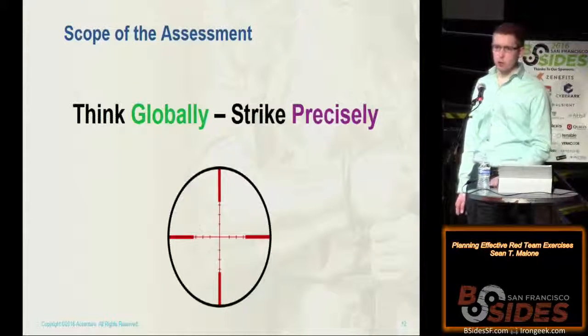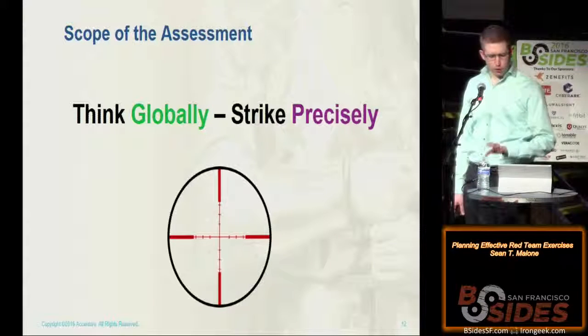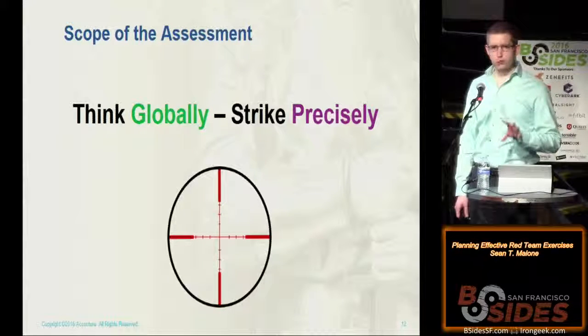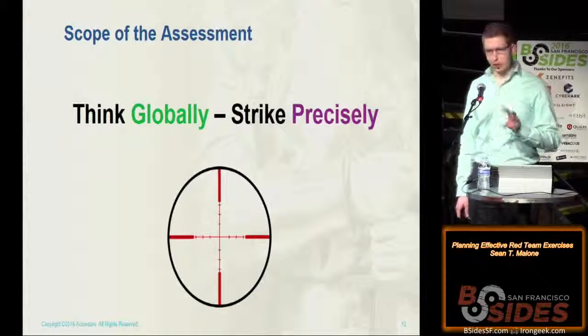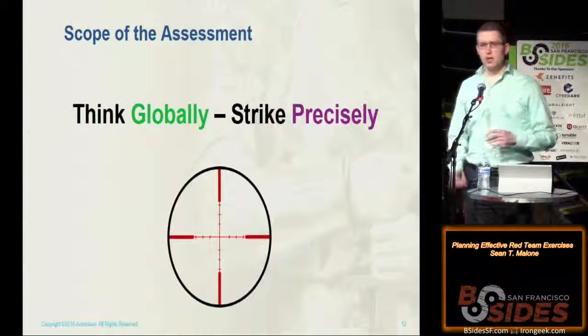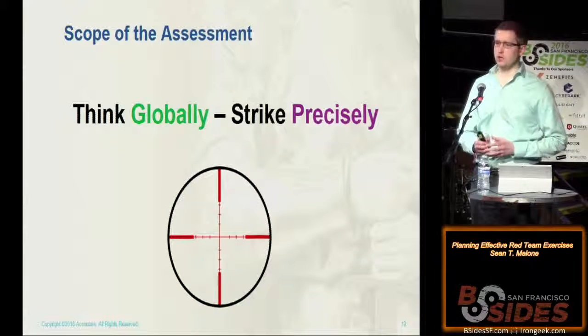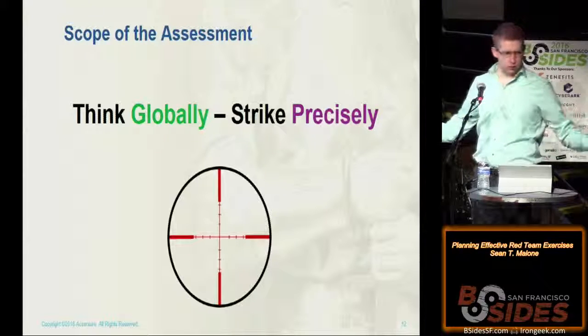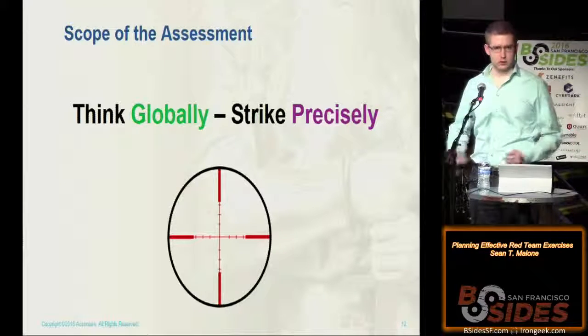Next, looking at the scope. For the scope, we want to think globally and strike precisely. Thinking globally means that we're looking at the enterprise as a whole. Again, hyper-realism.